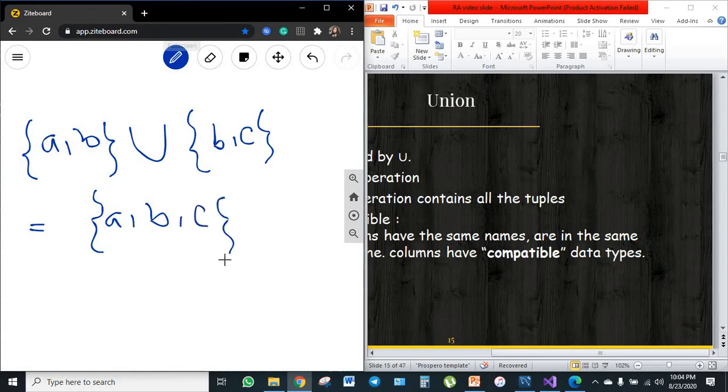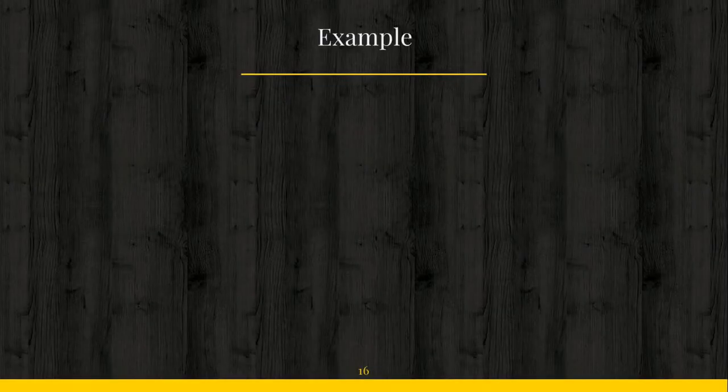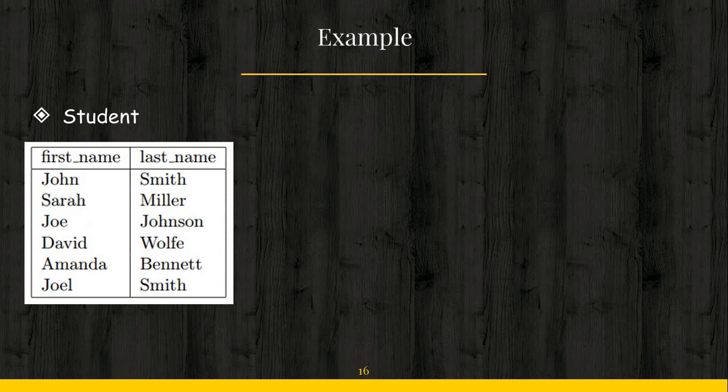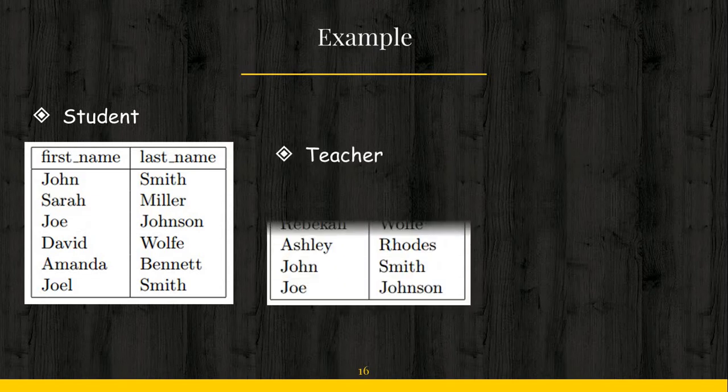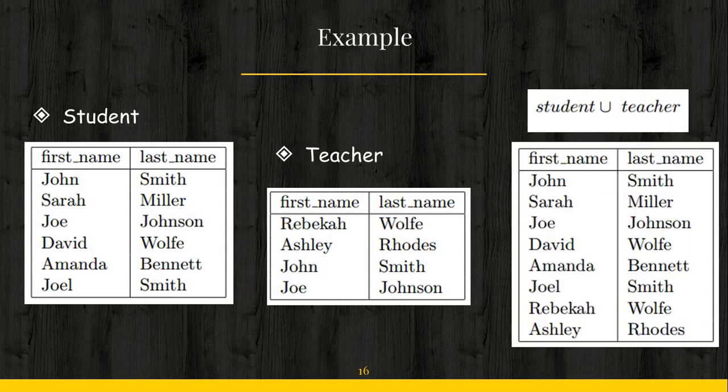Now I can say the union operator combines all the elements from two sets. In the same way, student is one table, teacher is another table, and here is the union of the two tables.